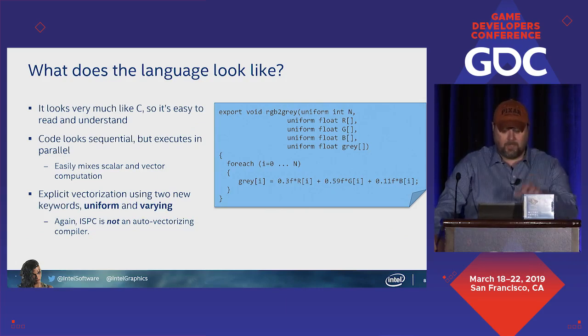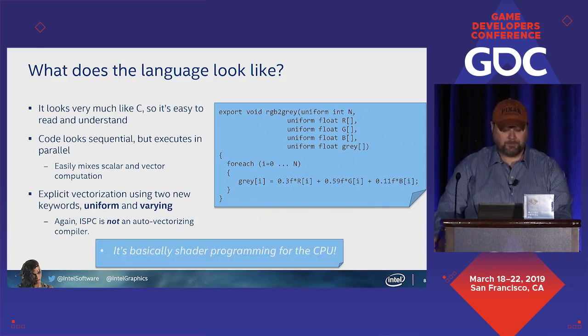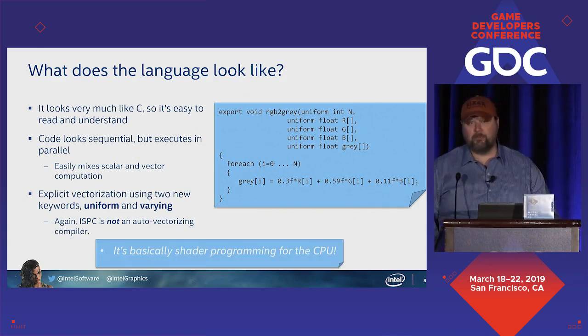So this code looks very sequential, except for the new foreach thing. We'll get into that. It easily mixes scalar and vector computation, and it uses explicit vectorization using two new keywords, uniform and varying. We don't see them here because foreach does that kind of for you, but we'll get into that a little bit more. Again, ISPC is not an auto-vectorizing compiler. It's basically like writing shaders for your CPU.